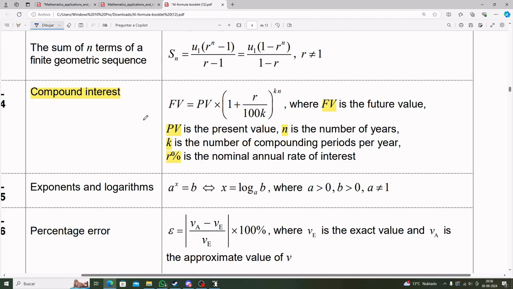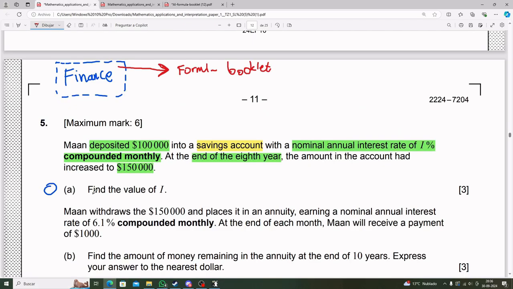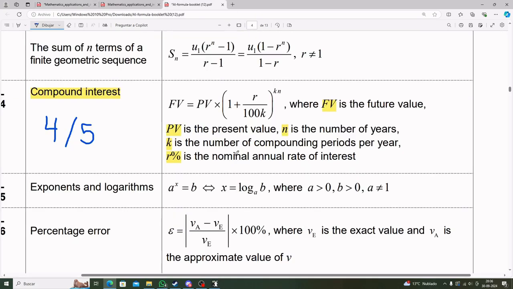For all these finance problems, you will be given 4 out of 5 of these, and you need to find the last one. So within this context, for part A, you need to find the value of I, the nominal annual interest rate, the rate of interest, same thing.